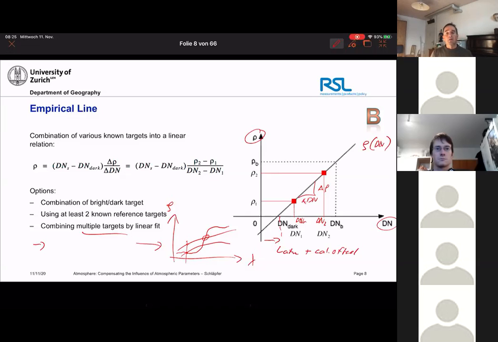So you get a much better empirical line if you, for instance, have 3 or 4 known targets in the image, and then you can do an empirical line correction, or you could even do empirical vicarious calibration. So if you have an uncalibrated instrument, a few targets in the imagery, and you have the atmospheric model behind, then you can do a full correction of all the instrument effects.